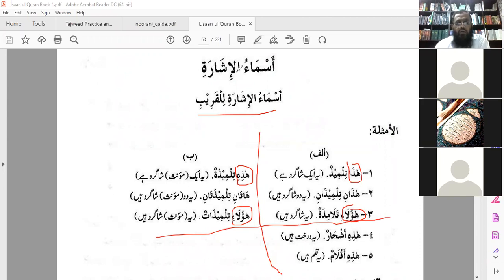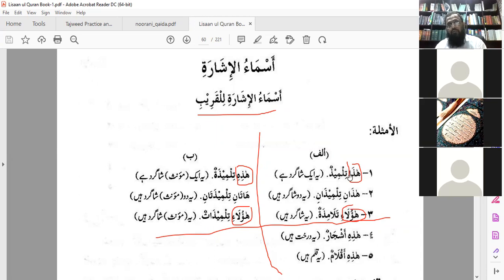So in all conditions, Hadha will remain the same. Whether it is in Rafa, Nasab or Jar, in all three states it will remain the same. The last letter won't change. It will be Hadha, and we will determine from the place of this noun whether it is Mubtada or Khabar or Mansub or Majroor.